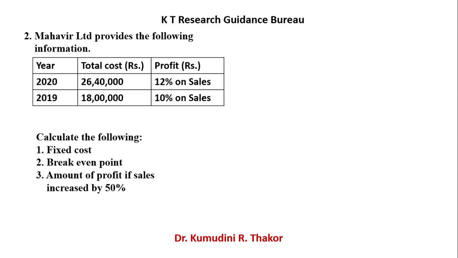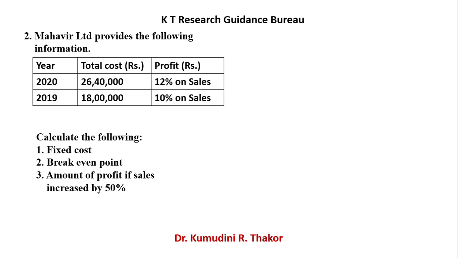In this example, total cost and profit are given. Formula will be same, but first of all, you have to find out change in profit and change in sales. Cost is given, percentage of profit is also given.